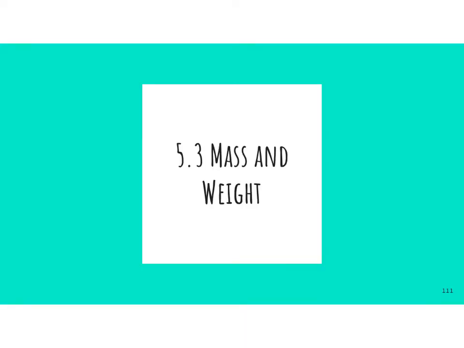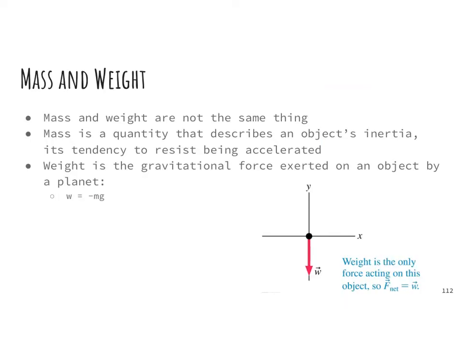Okay, so the first little section we're going to talk about is the difference between mass and weight. We'll talk more about apparent weight in chapter 6 as well, but right now we're focusing on the concept of mass and weight. Mass and weight, although commonly interchangeable, are really not the same thing.